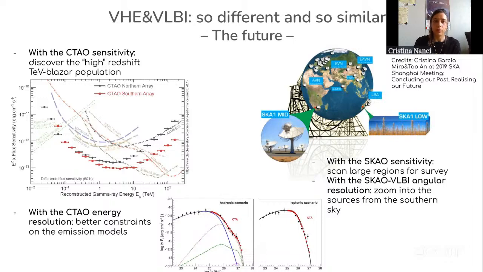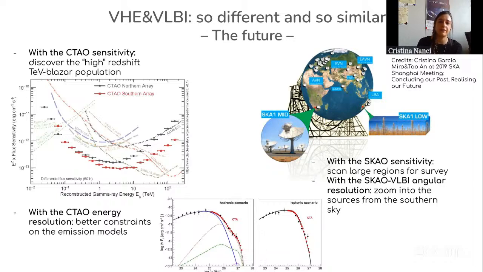This is related to the fact that the very high energy emission is thought to come from a region closer to the central region, so we need some time for the radio radiation to become transparent, which occurs later in time.